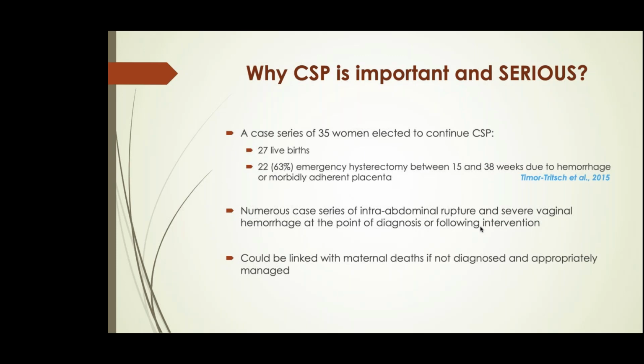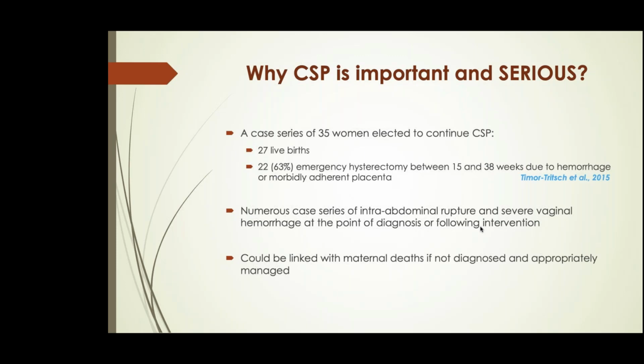A lot of hysterectomies, 60%, 6 out of 10, and a significant hemorrhage can occur as well. There are numerous case series of intra-abdominal rupture and severe vaginal hemorrhage at the point of diagnosis or following intervention. So the rupture can not only cause bleeding from the adhesion into the uterine wall, but can also rupture inside the abdomen and cause intra-abdominal bleeding.